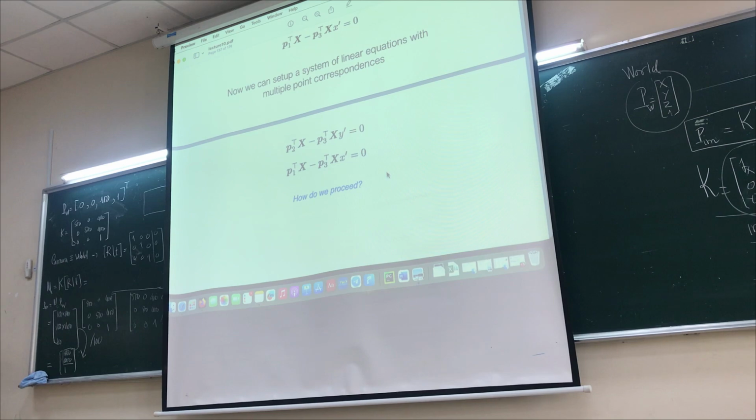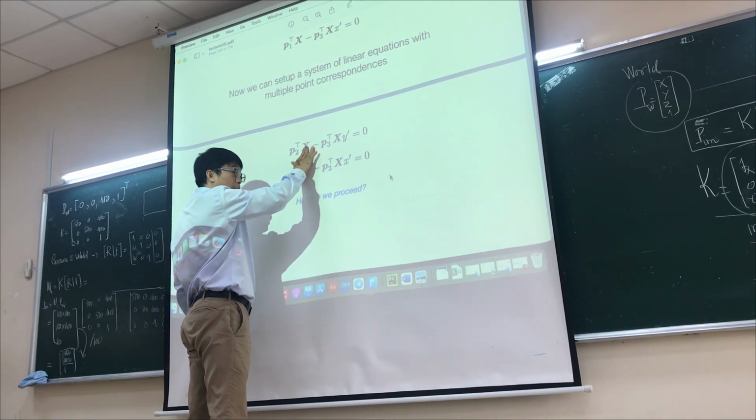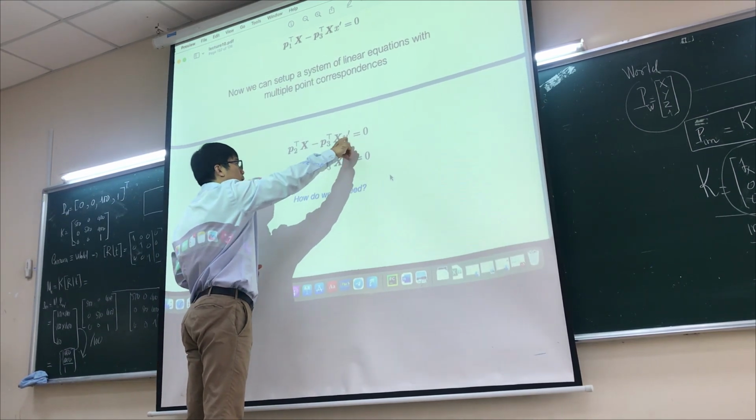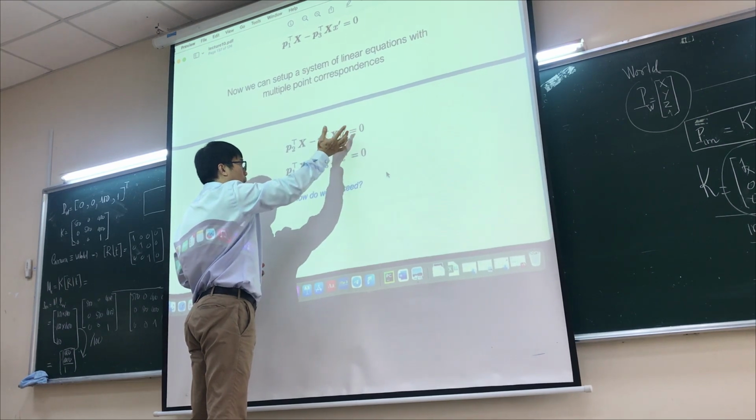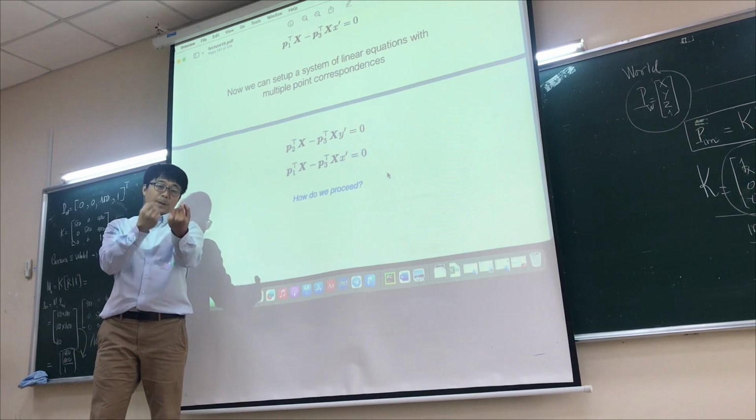So one pair of points. What are the pair? The position in the world system and the position in the image. If we are given x, that is the point in the world, and here x prime and y prime, that is the position in the image. You have one pair, two relations.